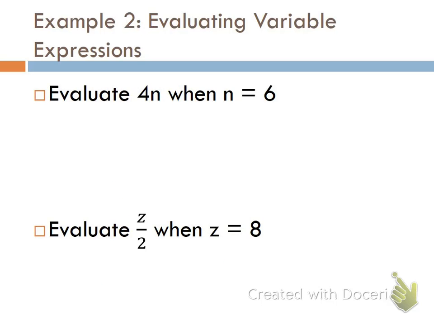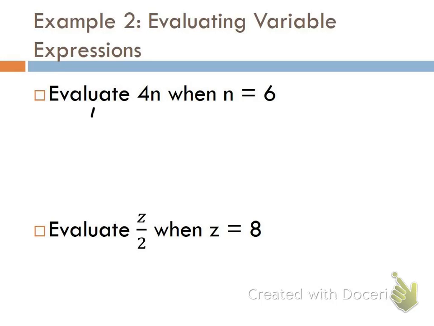Now in example 2, again, we're just doing our substitutions and solving, except now it's a different operation. I've got 4n here. There's nothing in between my number and my variable. So if they're together, what does it mean, Blake? Multiplication, okay? So we don't write the dot, we don't write an x, we just put the variable and the number together, and that means multiplication.